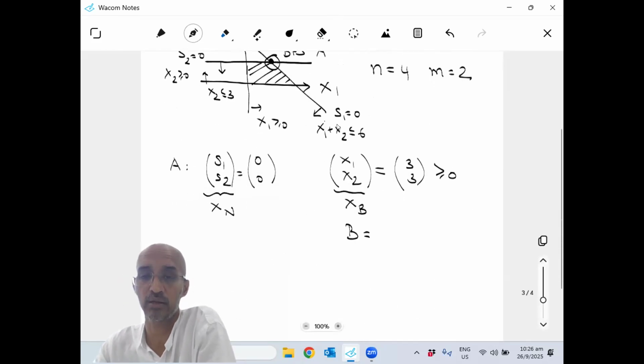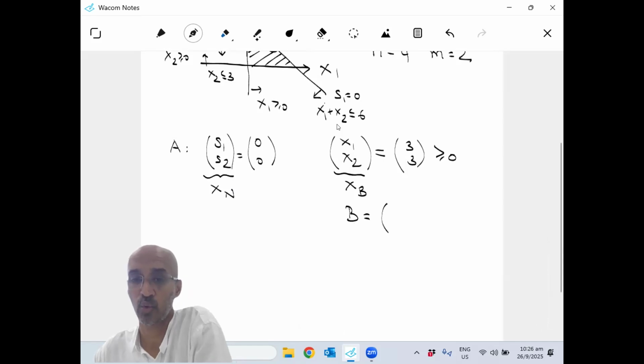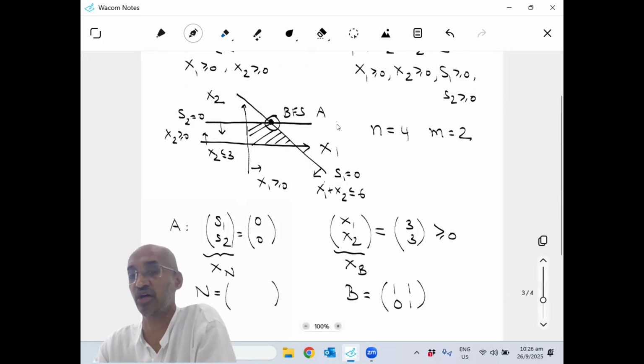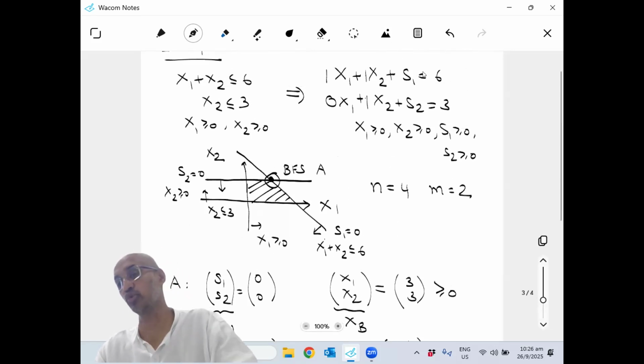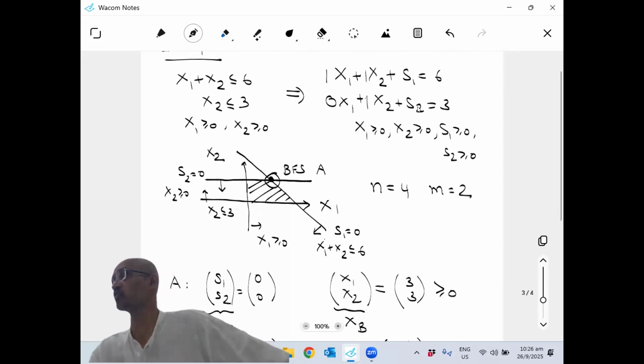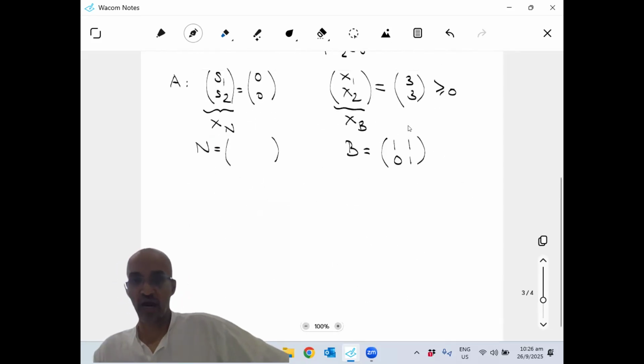So B is simply the matrix 1, 0, 1, 0, 1, 1. And my matrix corresponding to my non-basic variables is 1, and there is no S1 and no S2. There's one S2. So it's the identity matrix 1, 0, 0, 1.